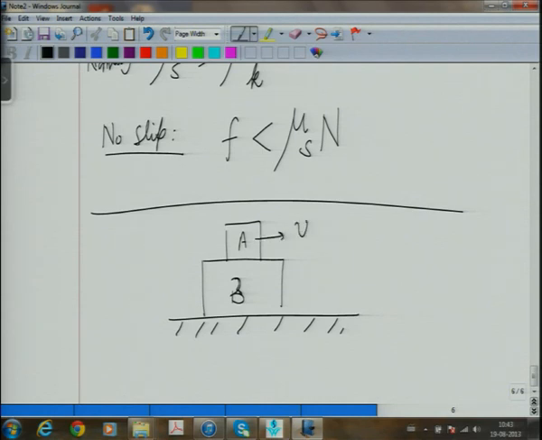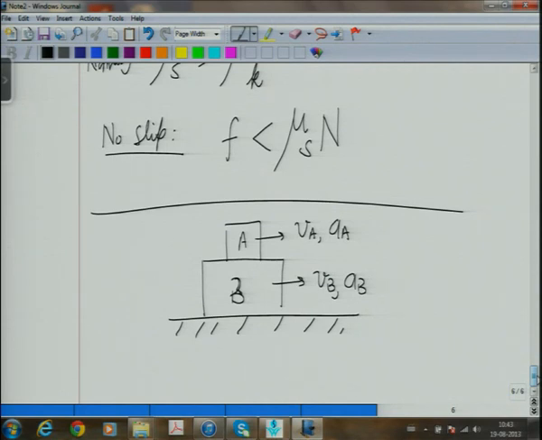The velocity of block A is VA, its acceleration is AA, and this is VB, AB. What we want to illustrate today, with some simple cases, is how we draw the free body diagrams only with respect to friction. Other forces we will not take care of. So right now I will take some contrived cases, not actual problems.